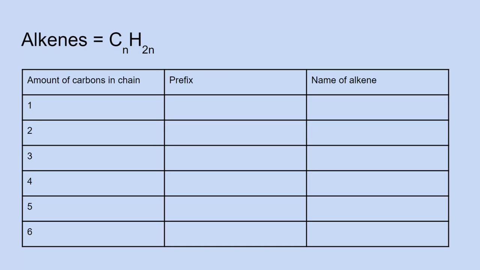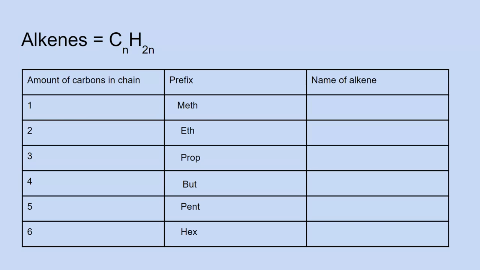So, naming our alkenes, okay? Pause the video, see if you can remember the prefixes that we used for alkanes. Okay, our prefixes with alkanes, so 1 carbon chain length was meth, then we had eth, we had prop, we had but, we had pent, and then we had hex.